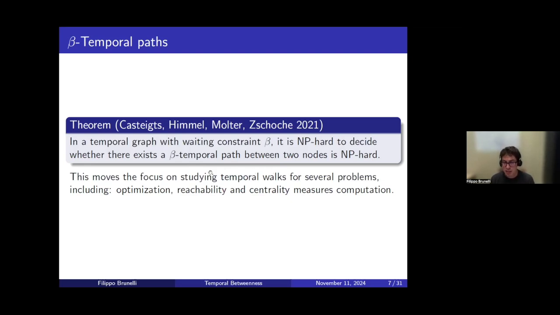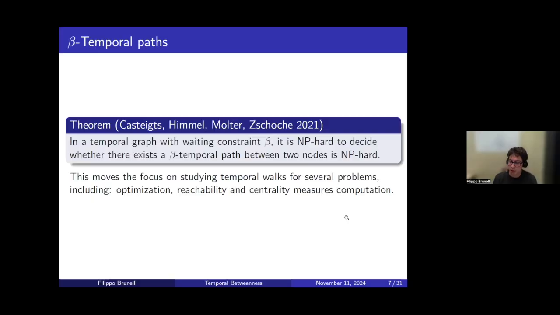As we will see in this case, the problem is not NP hard. We can solve it in polynomial time, and everything can be done smoothly. And this holds for many different types of problems involving this model with the waiting constraints, including centrality measures, which is what we are going to speak about today.